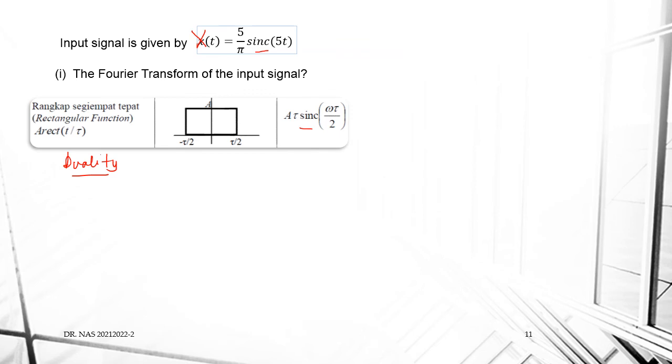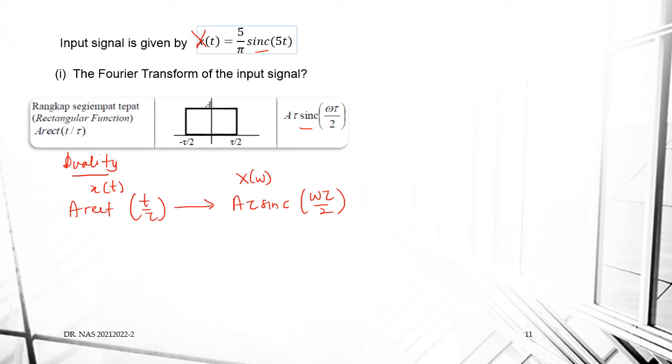The basic equation: if you have x(t) as a rectangular t over tau, your X(omega) equals A tau sinc(omega tau over 2).